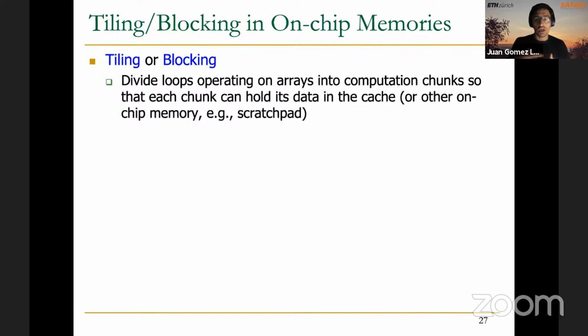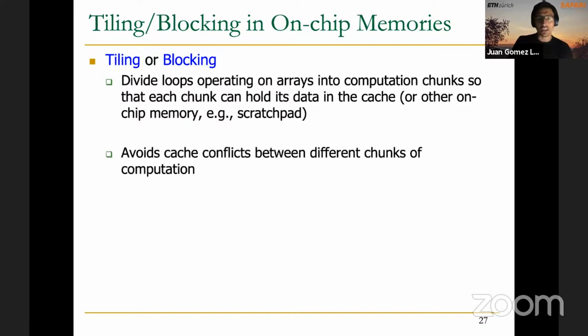Here we talk about cache in a generic manner, meaning whatever on-chip memory we have in our system that can be accessed at shorter latency than going to the main memory or to the global memory, right? So it may be a hardware cache, it might be a scratchpad as well.